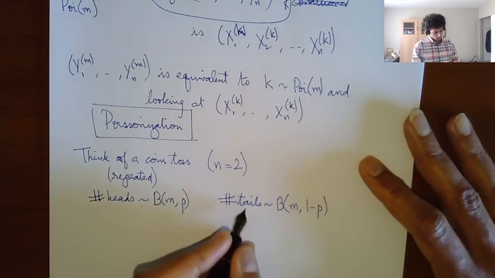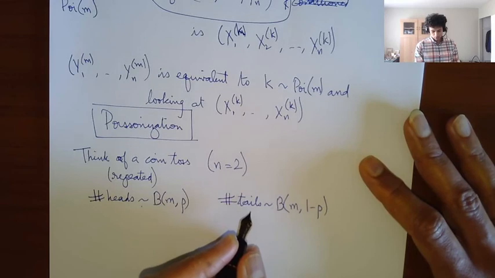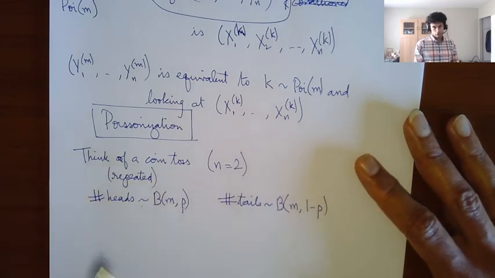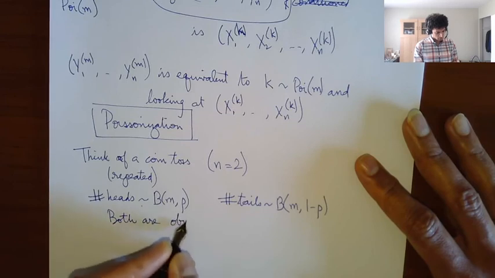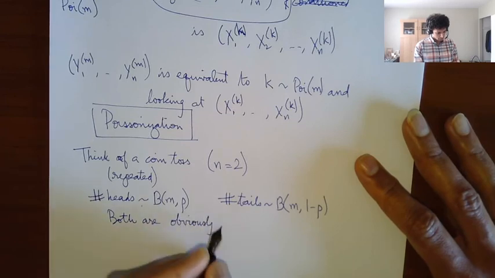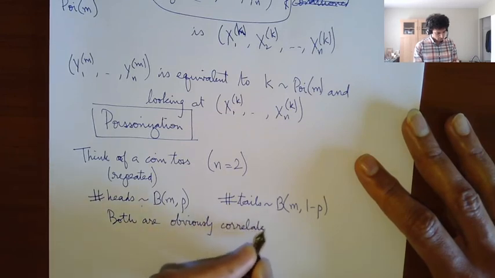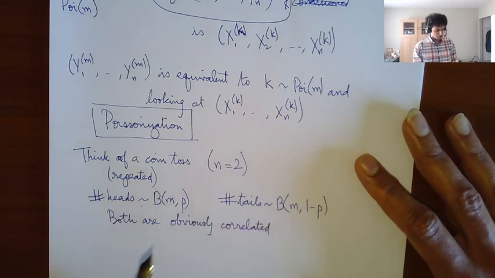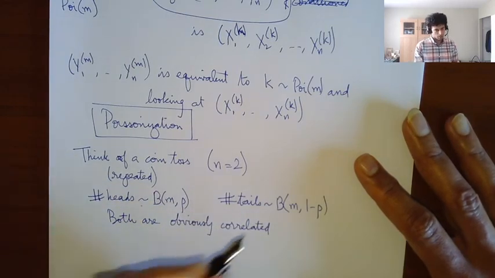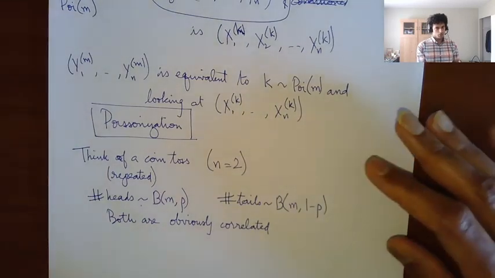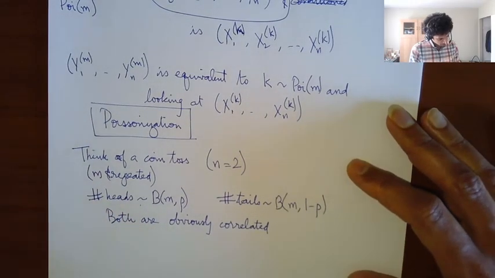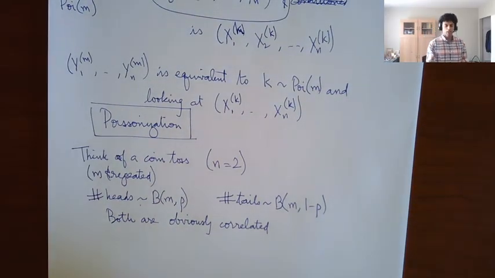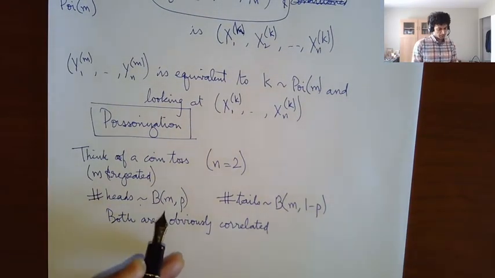Both of these are binomials. Both are obviously correlated, because the sum of these is exactly equal to m in all outcomes. You did m repeated coin tosses. The number of heads is distributed as a binomial of m, p.